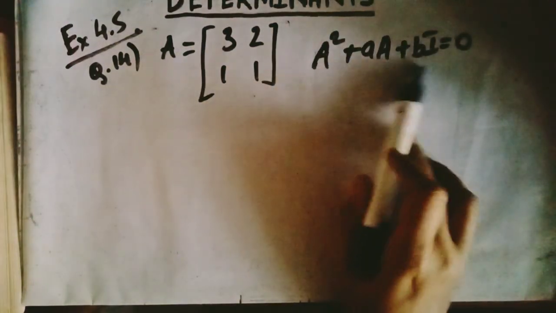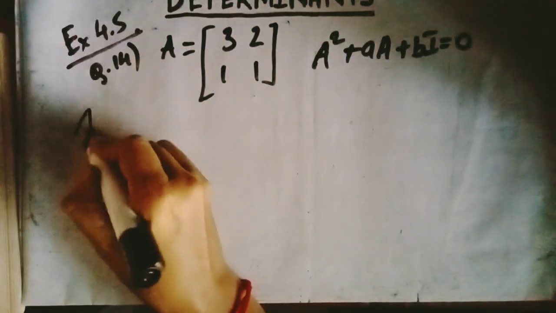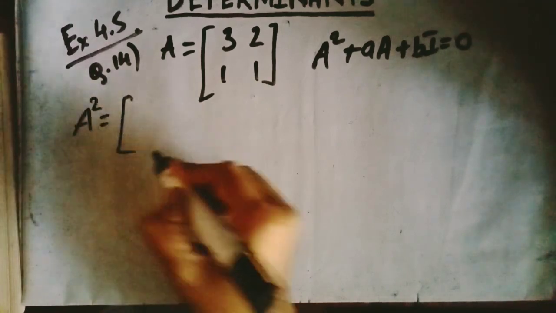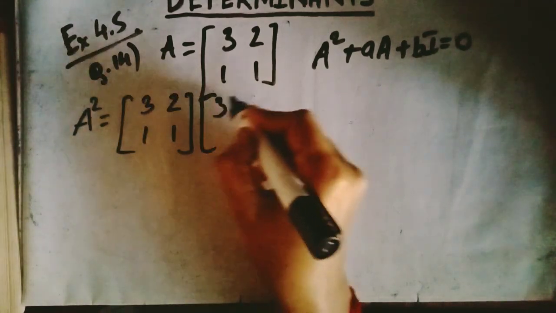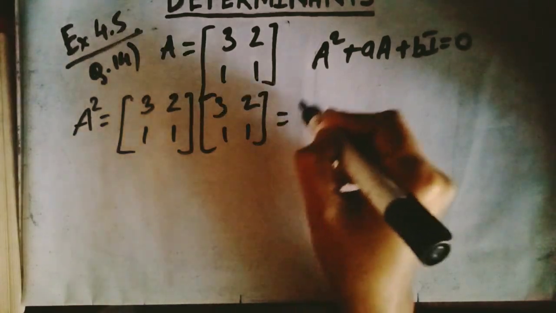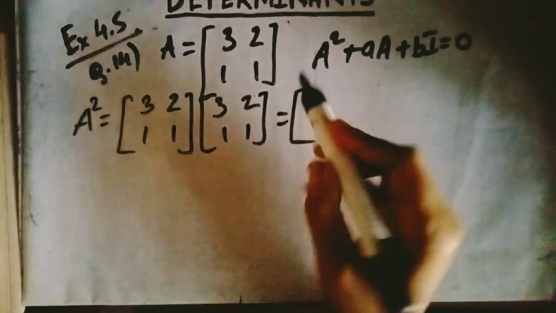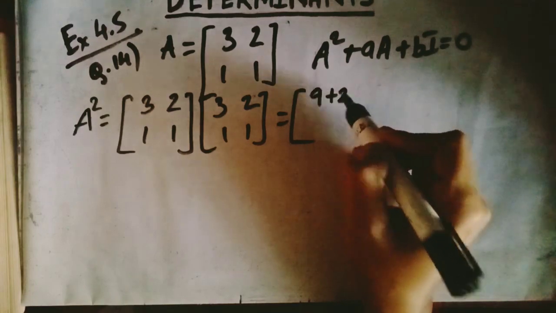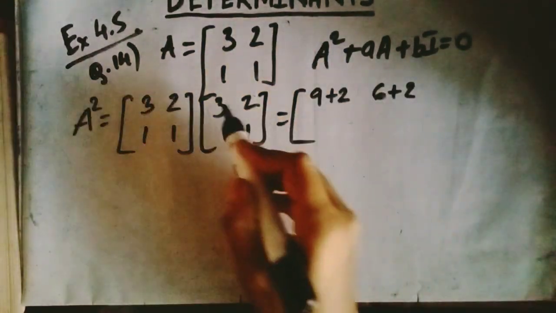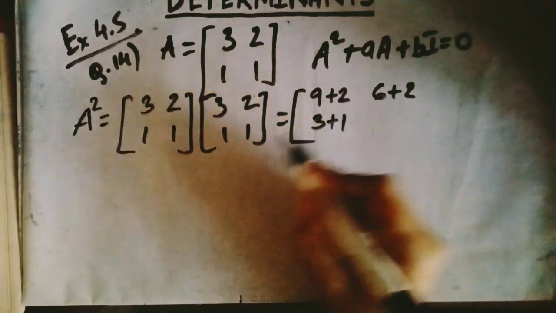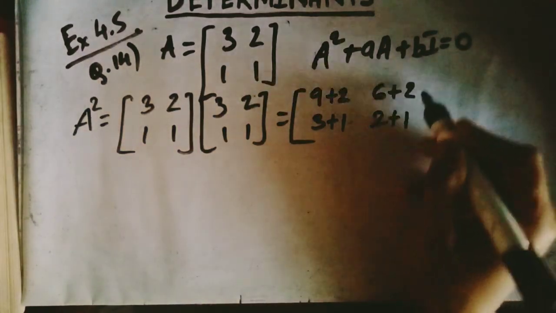So you have to make use of this equation. First you find out A square: 3 3s are 9 plus 2, 3 2s are 6 plus 2, 3 plus 1, 2 plus 1.